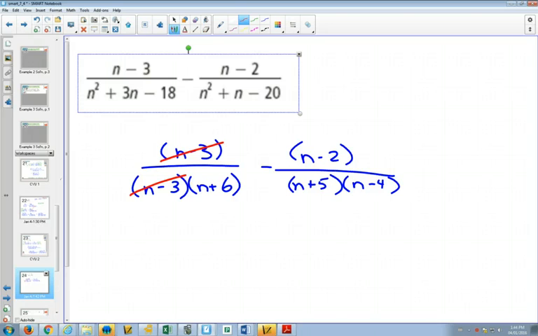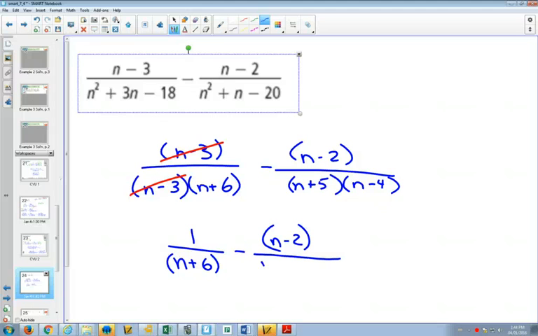Because they're the exact same factor. If I were to rewrite it, I have 1 over n plus 6 minus n minus 2, n plus 5, n minus 4.